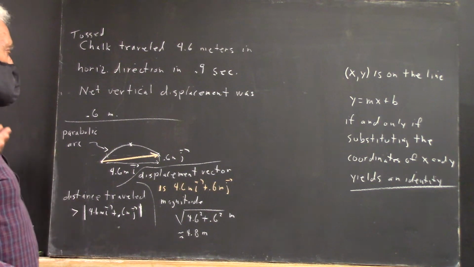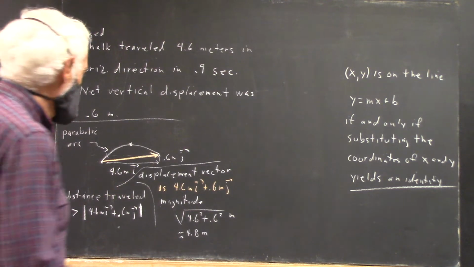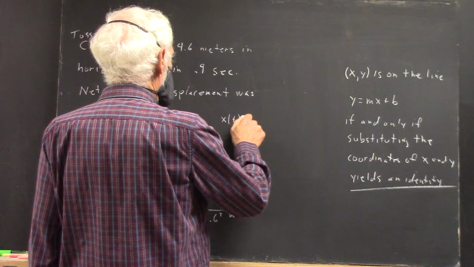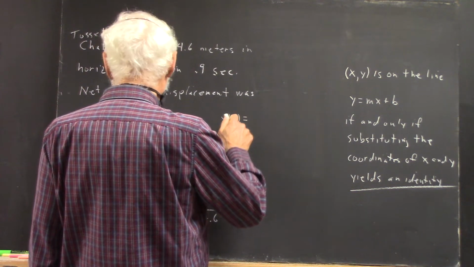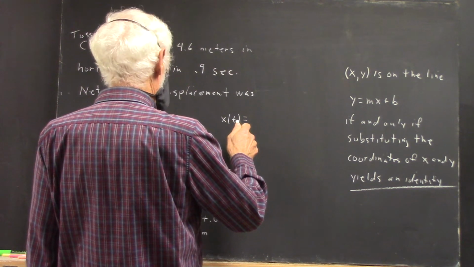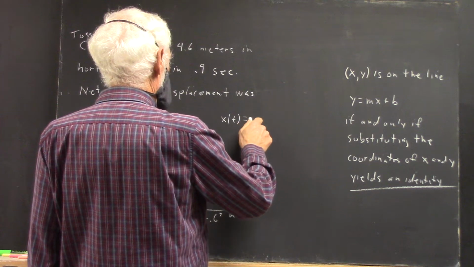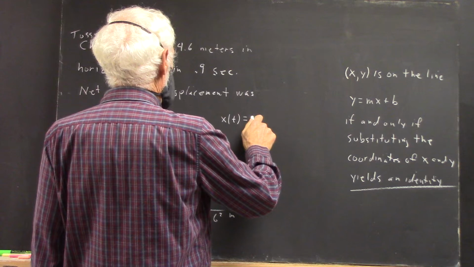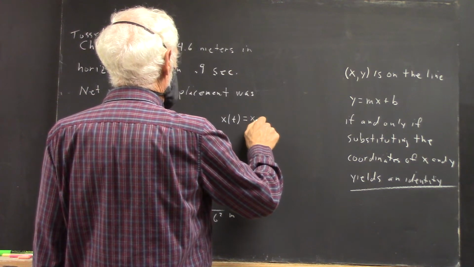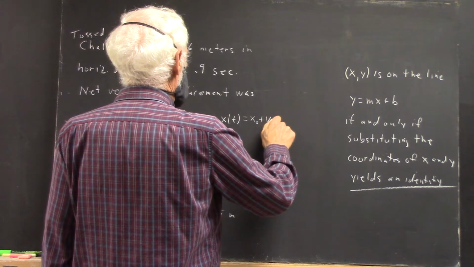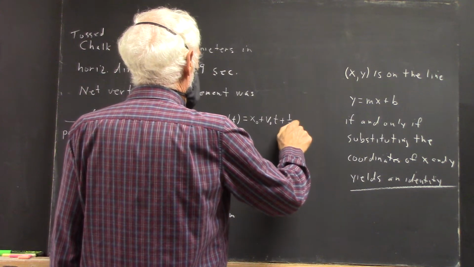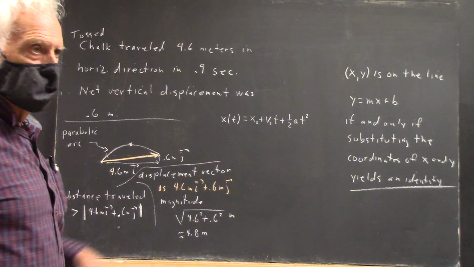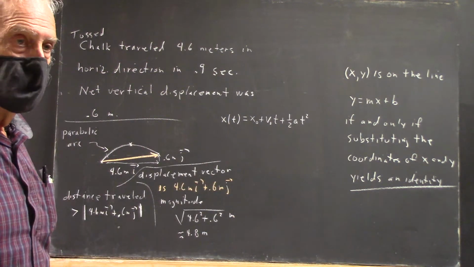Okay, so what can we do? Well, we can say that x of t equals x naught plus v naught t plus 1/2 a t squared, from here to there.